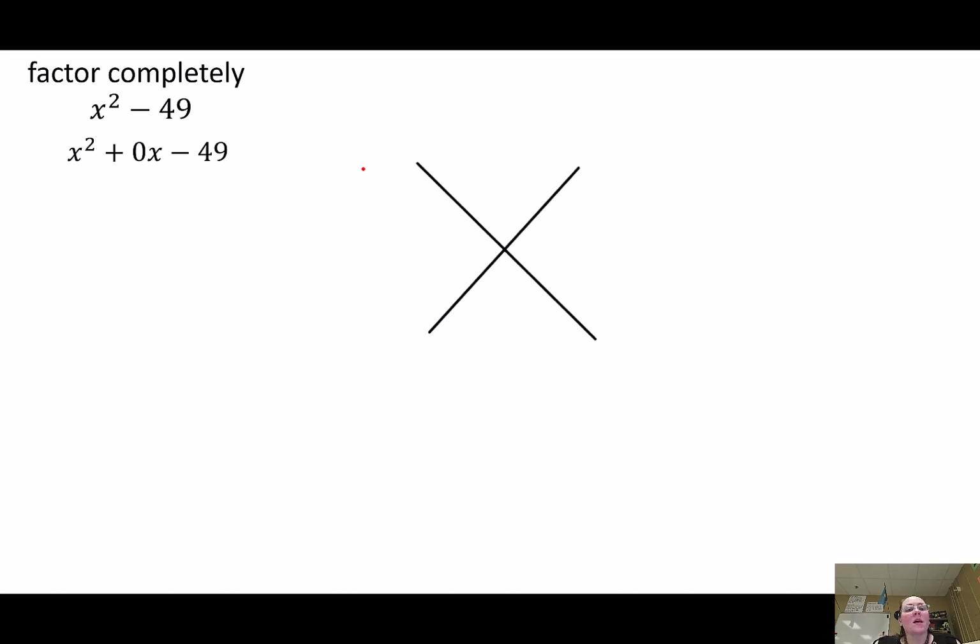So this tells me I'm looking for factors of negative 49 that will add to equal 0. You're going to pick up a pattern here, the more of these you do, of what that number should be, and if it's possible.